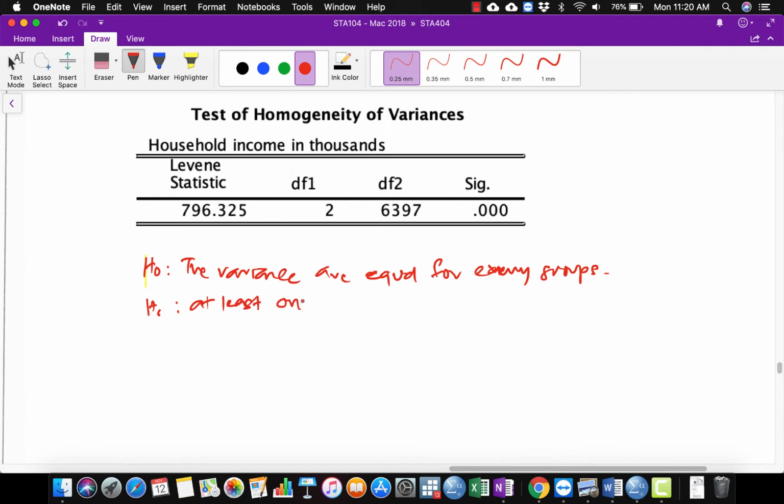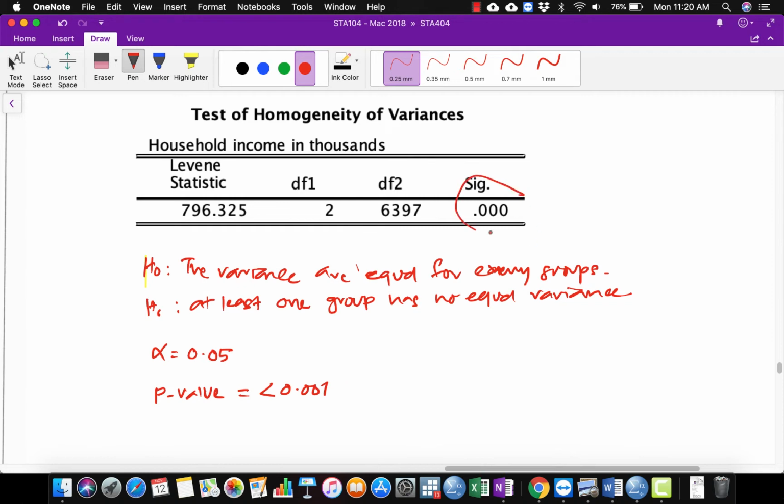or we can say at least one group has unequal variance. If our alpha is 0.05, the p-value here is less than 0.001, because this is the p-value.